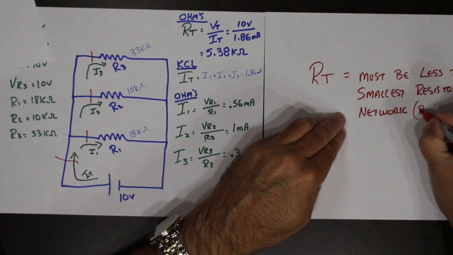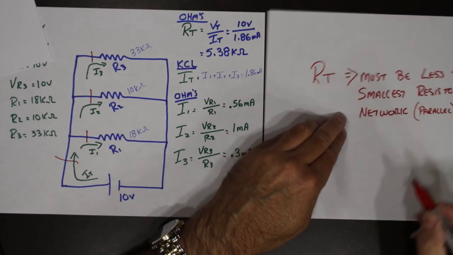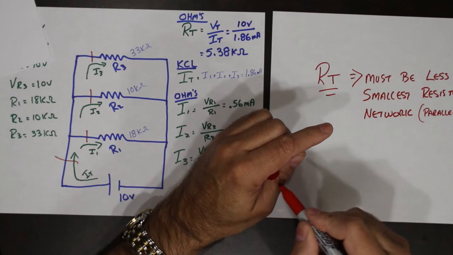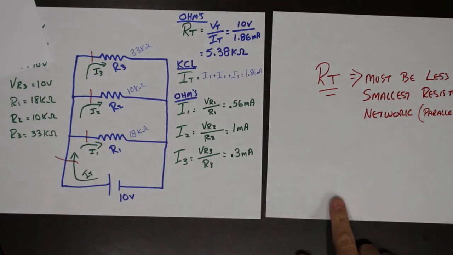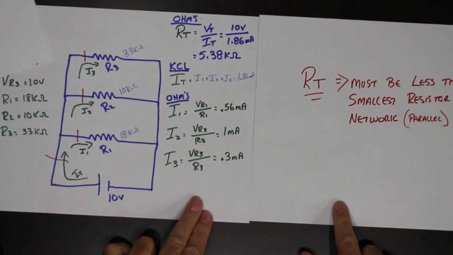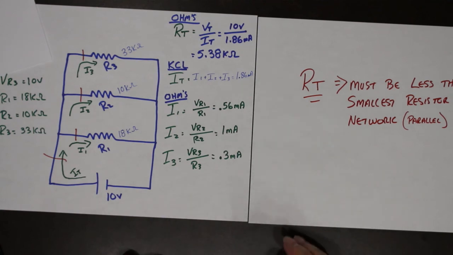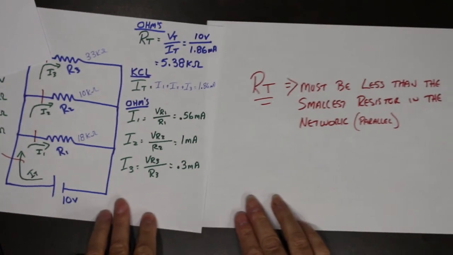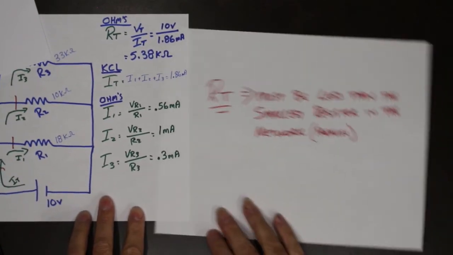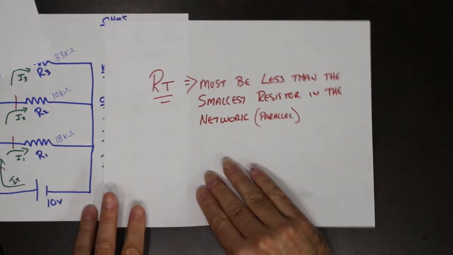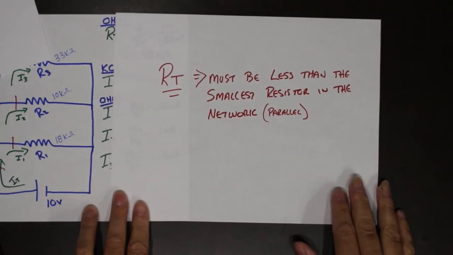When you calculate R total of a parallel circuit, the resistance must be less than the smallest resistor. So it must be less than the smallest resistor in that network.